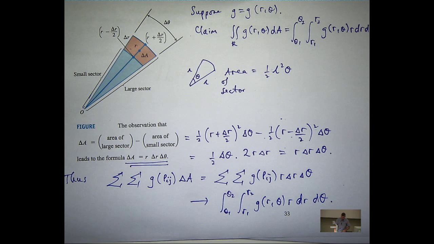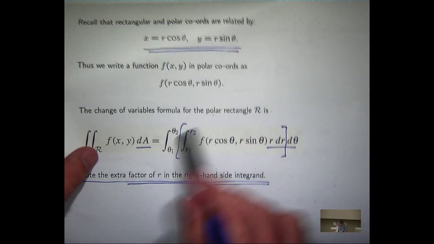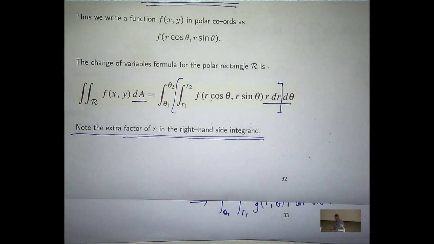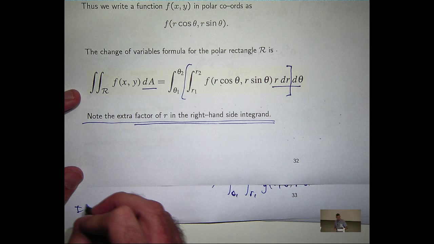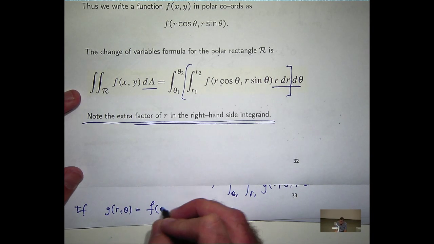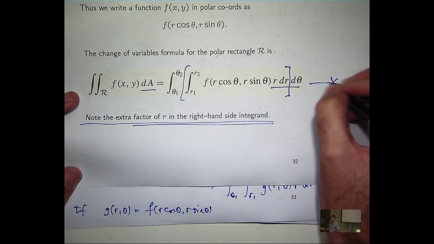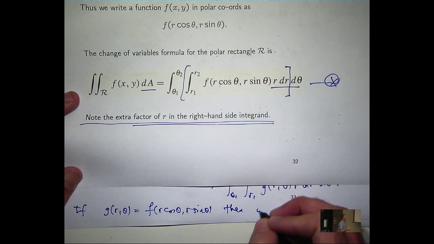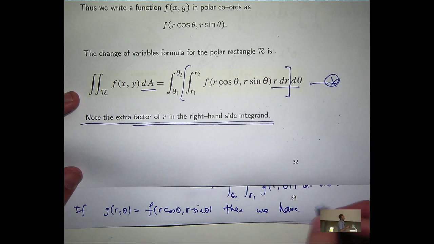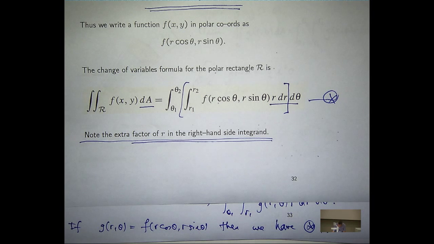Let's do some problems though. Sorry, before we get to that, how does this relate back to this formula back here? Well, let me just squeeze it in. If G of r, theta equals F of r cos theta, r sine theta, then we have our change of variables.